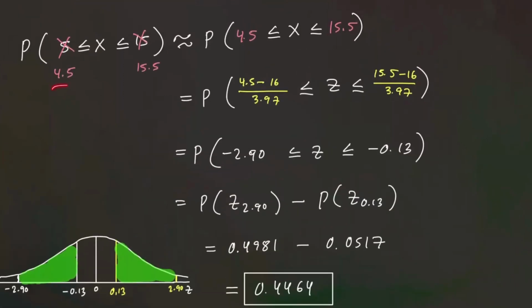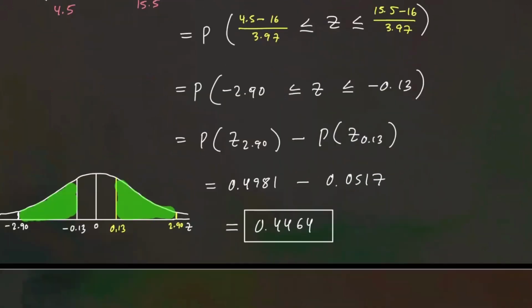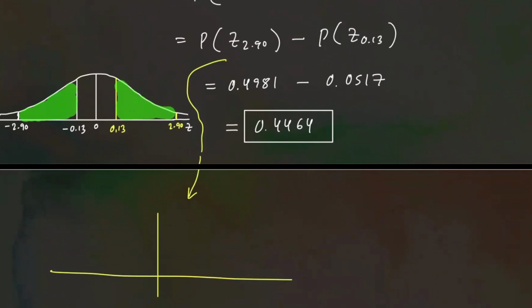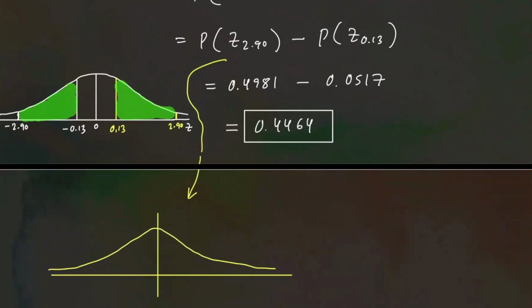That's because we extended the interval 0.5 in both directions. Now, just to give you a little bit more illustration of what we did. So here's our normal curve. This was 0 right at the center.